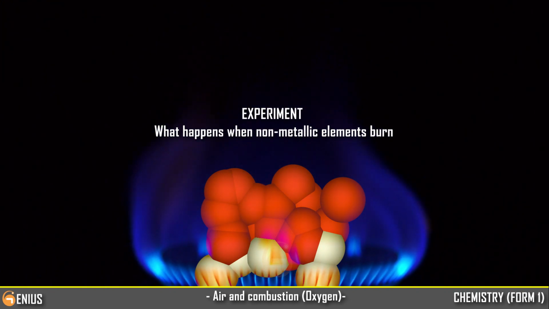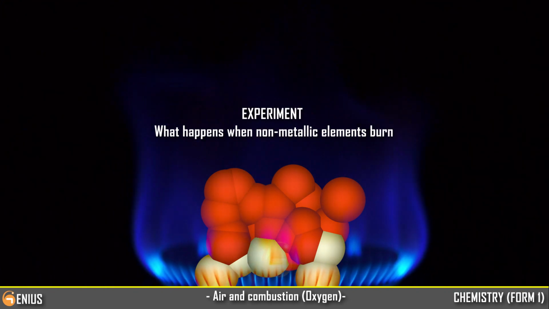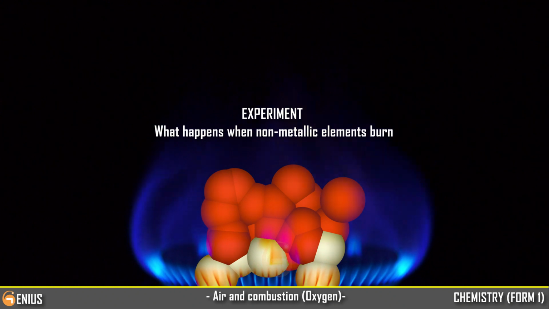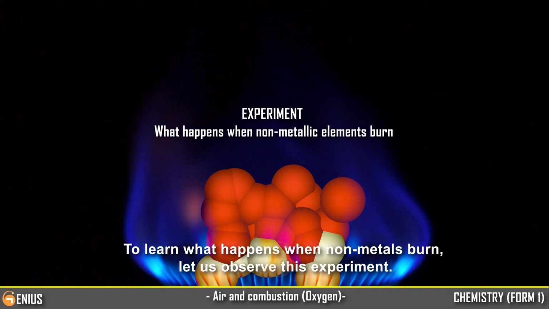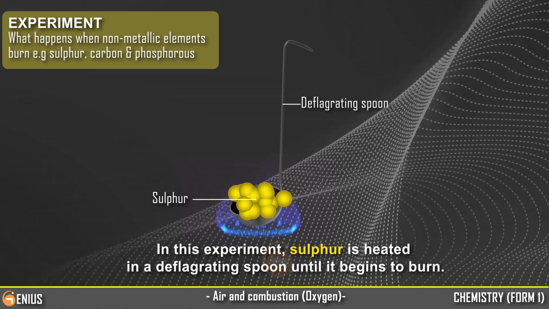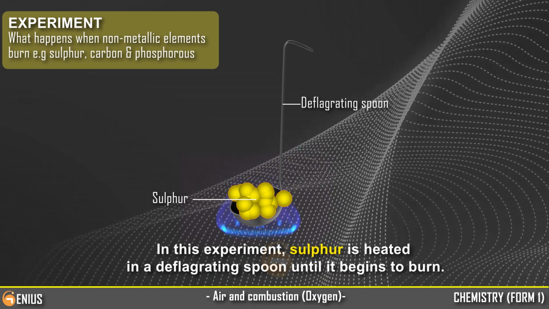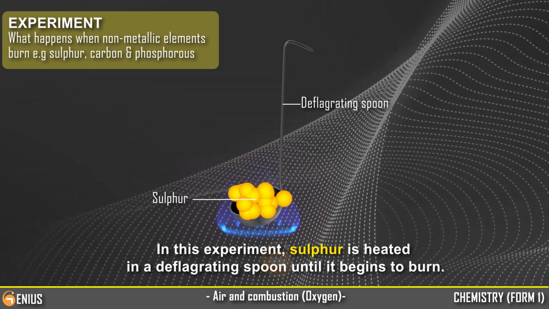Experiment: What happens when non-metallic elements burn? To learn what happens when nonmetals burn, let us observe this experiment. In this experiment, sulfur is heated in a deflagrating spoon until it begins to burn.